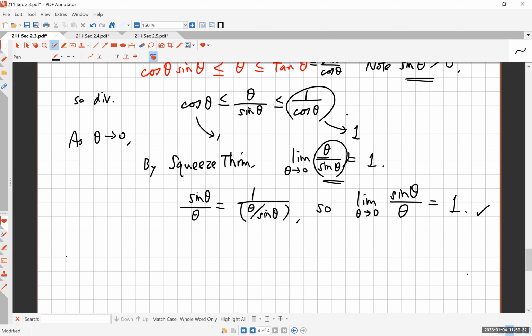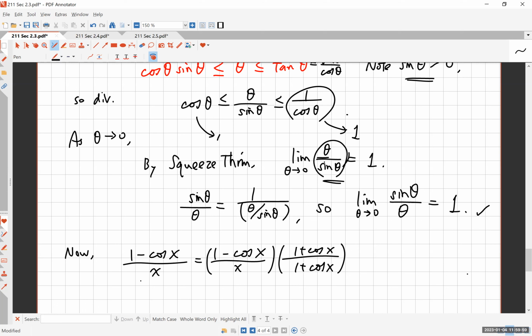Now consider the second one. The second one says the limit of 1 minus cosine of x over x, as x approaches 0. So what can you do with this? Well, you could use the previously discussed method, which is to multiply by the conjugate on the top and the bottom.